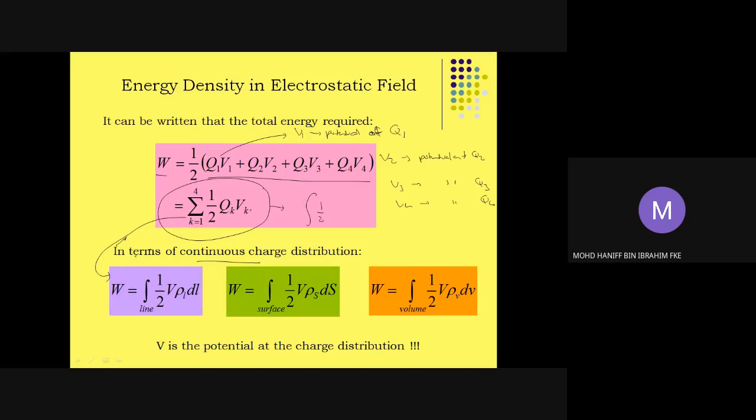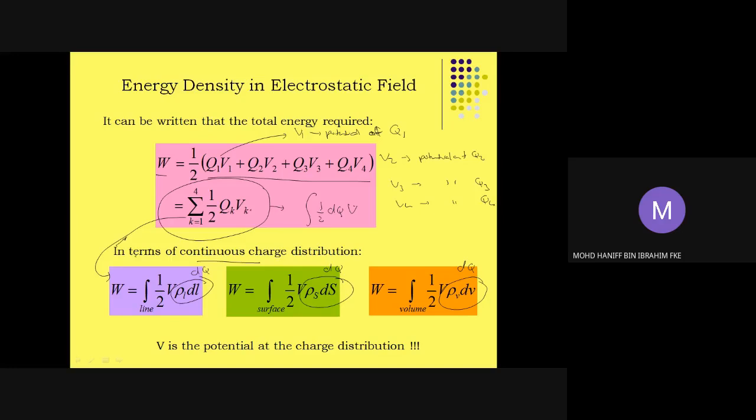Half should be there, Q is returned to be dq, and Vk is now returned to be V only, in which dq depends on your charge structure. For instance, if your charge is a line charge, it should be half integral of V rho L dl. That should be your dq. If your charge is rho s, your dq is rho s ds. And if your charge is a volume charge, your dq shall be written as rho v dv.